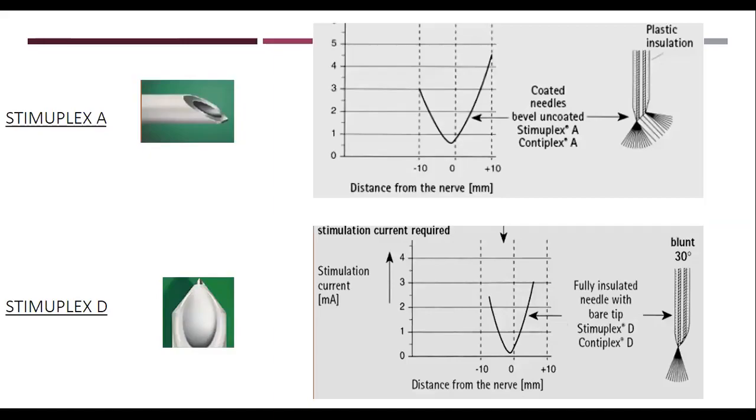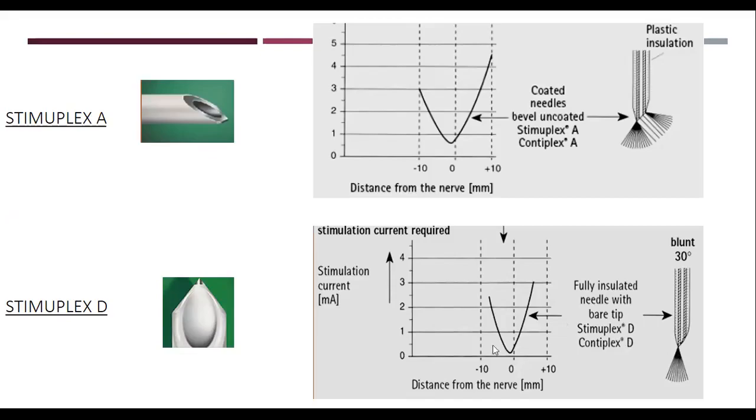Again, in stimiplex A needles, the shaft will be coated, and the tip, the bevel, will be uncoated, and it needs a little bit higher current, whereas in stimiplex G needles, it is a fully insulated needle with a bare tip, only the tip alone is uncoated.